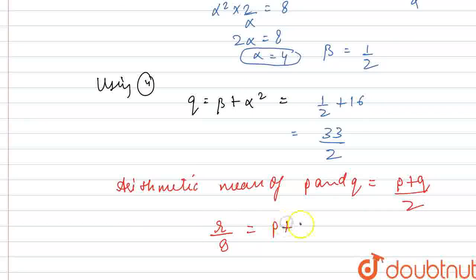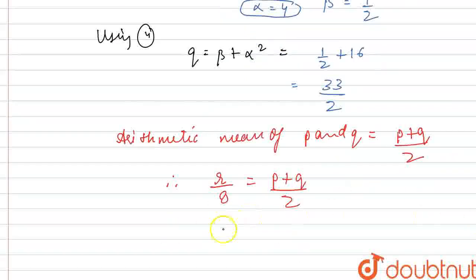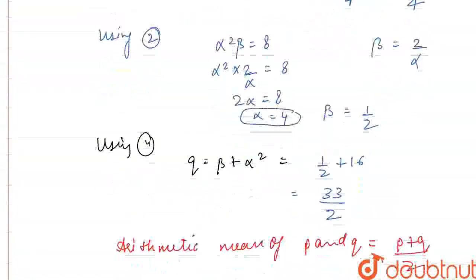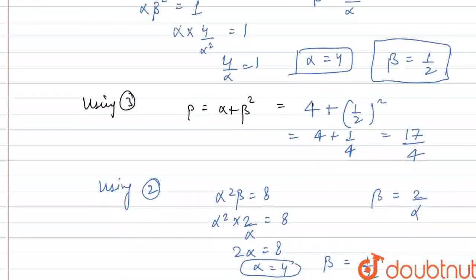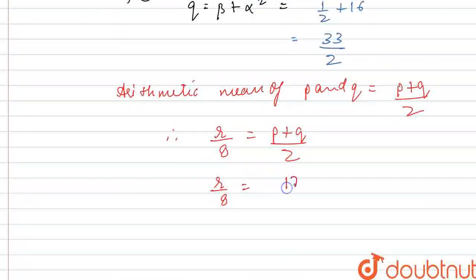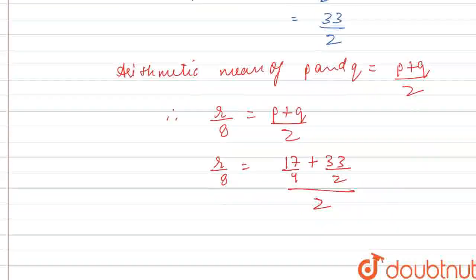Now we'll put the values of p and q which we have obtained: p equals 17 by 4, plus q equals 33 by 2, whole divided by 2.